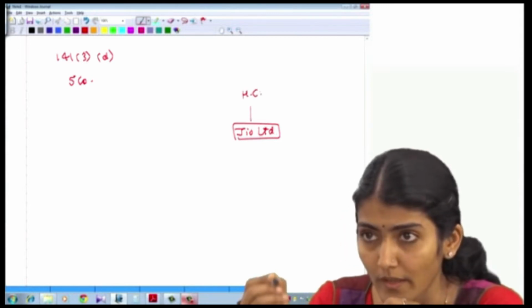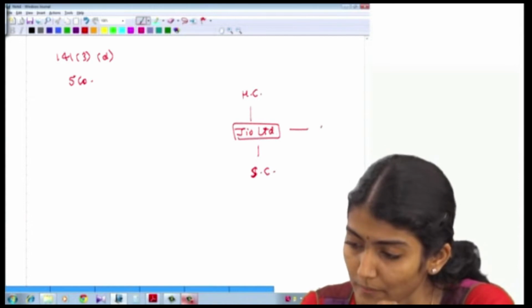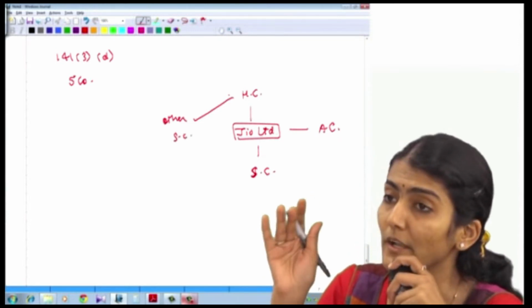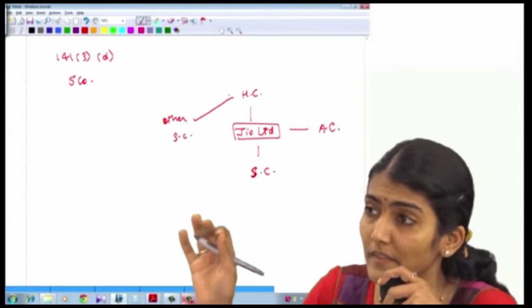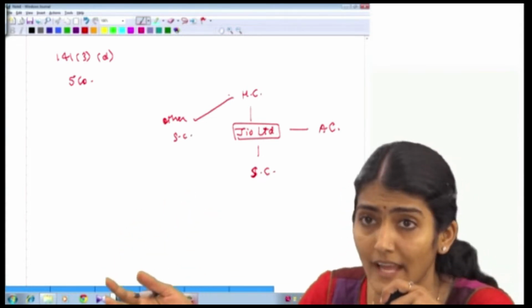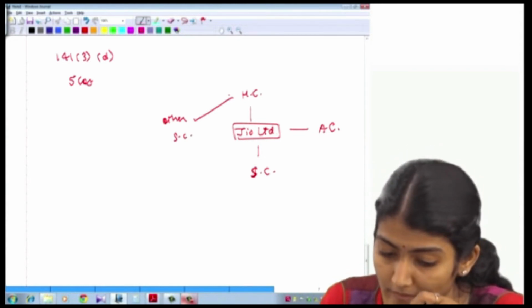Then second, the holding company of Geo Limited, the subsidiary company of Geo Limited, the associate company of Geo Limited, and any other subsidiary company of that holding company. I cannot hold the shares, I cannot be indebted, I cannot give a guarantee. Right? So 141(3)(d) is for 5 companies.